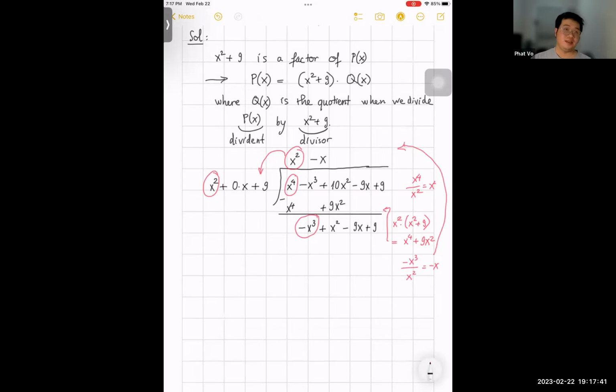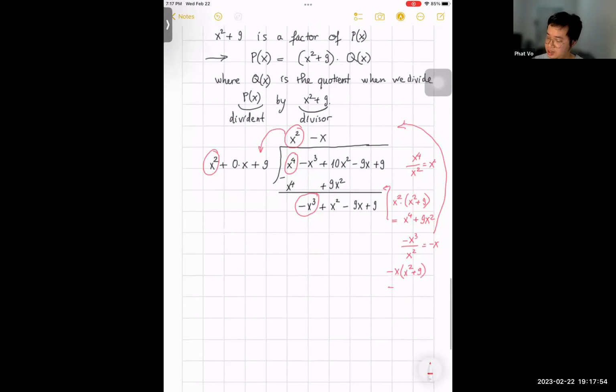After that, you multiply negative x by the divisor, and you get negative x cubed minus 9x. Put it on the line here.